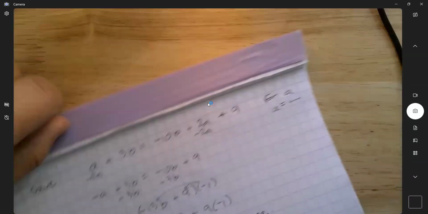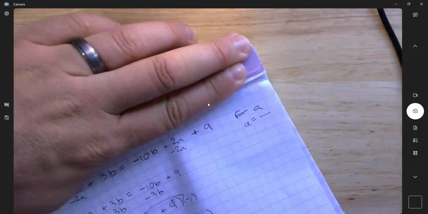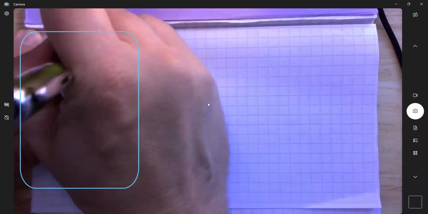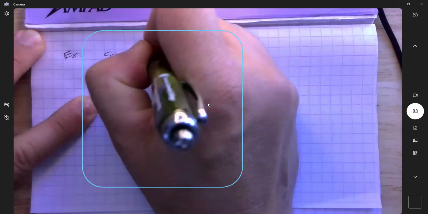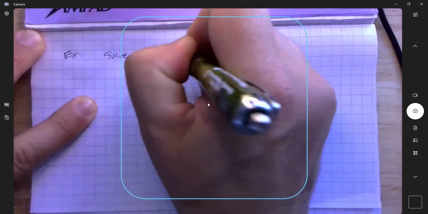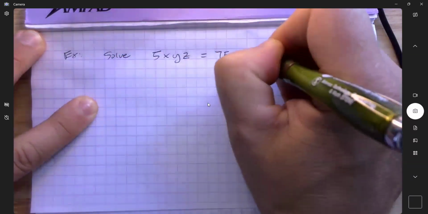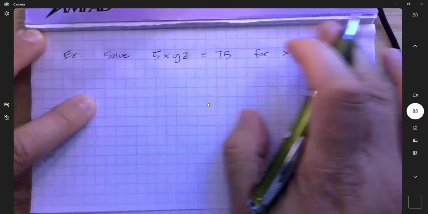All right, let's do another one. I'm going to jump it up and do 3 variables in this equation. Let's solve 5xyz equals 75 for x.